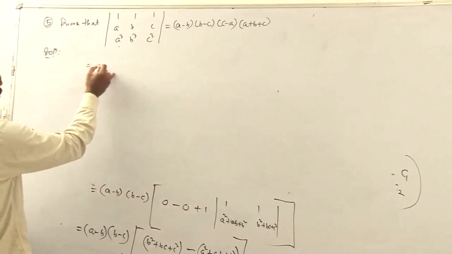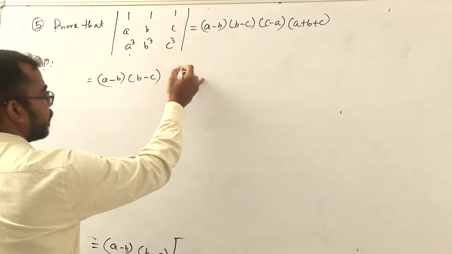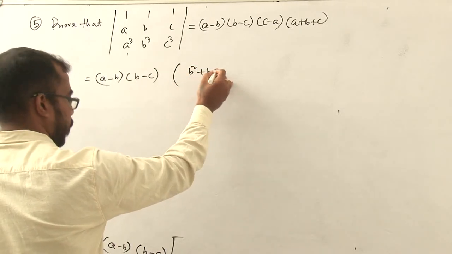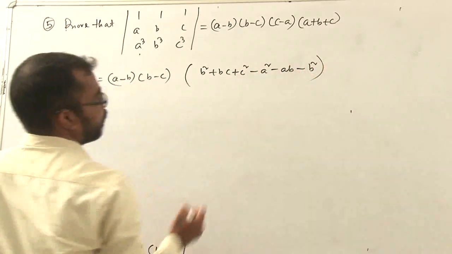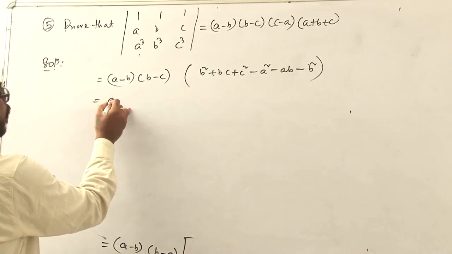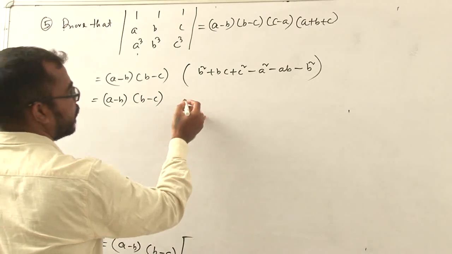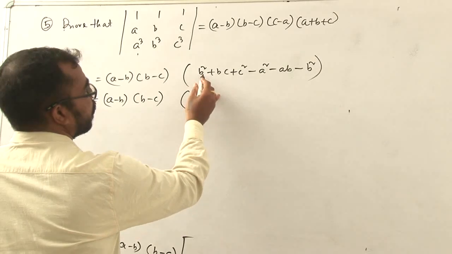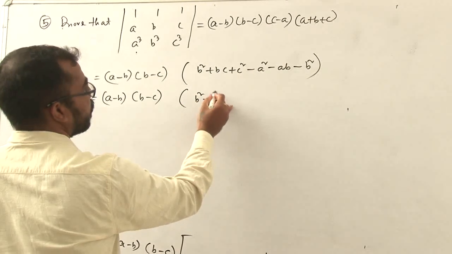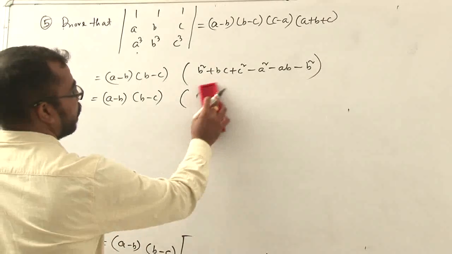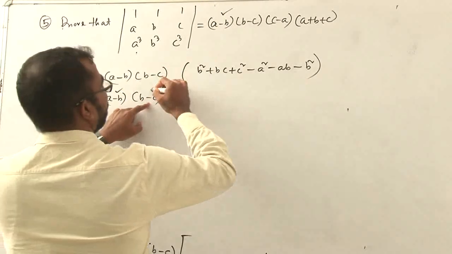So here A minus B into B minus C. If we open the bracket, then we get B squared plus BC plus C squared minus A squared minus AB minus B squared. Now it can be arranged: A minus B into B minus C. Here we can write B squared minus A squared, as you compare with the right hand side, you already find A minus B and B minus C also.